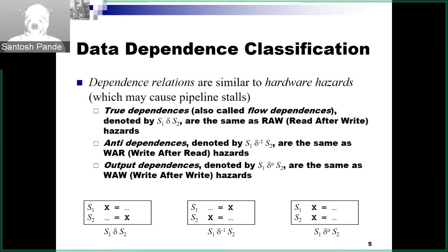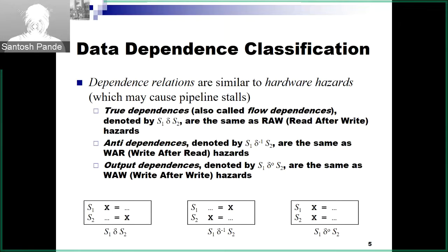So we must maintain the same order: the read must come first, followed by the write. This kind of dependence is called anti-dependence. S2 is anti-dependent on S1, as shown here. And again, this prevents any changes to the order of the program.